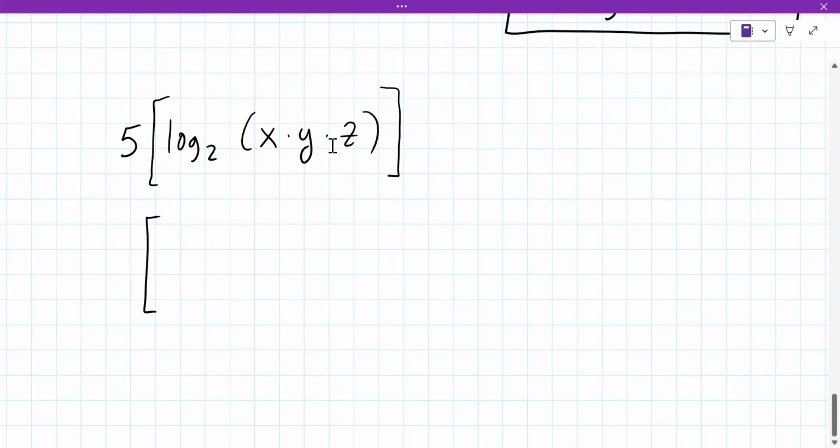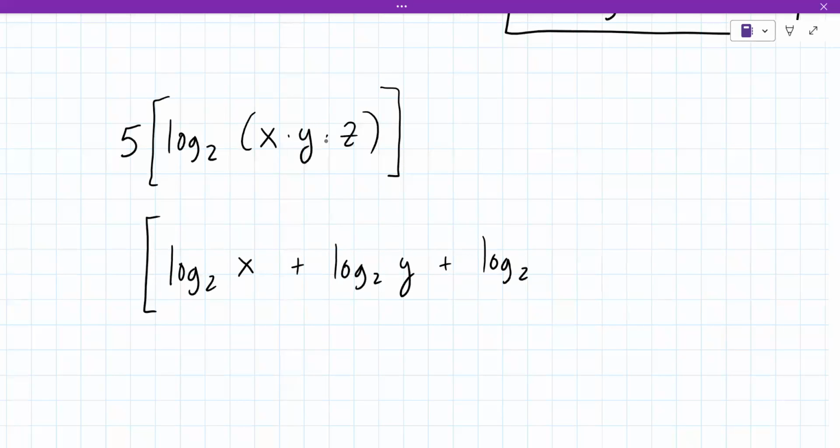It's a product, so it becomes a sum: log base 2 of x plus log base 2 of y plus log base 2 of z.